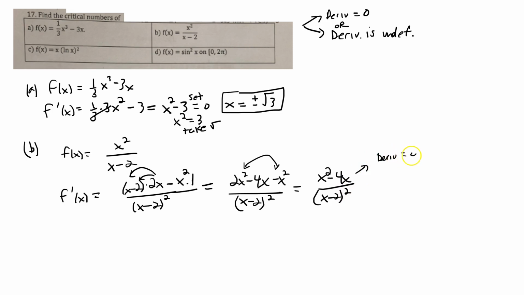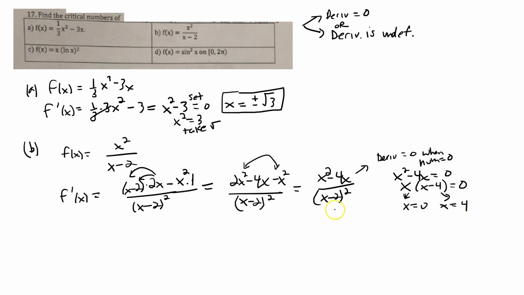Derivative will be equal to 0 when the numerator is equal to 0, if there's a fraction. And so x squared minus 4x equals 0. We can solve that by factoring out the x and getting 2 values. Either x is 0 or x is 4.